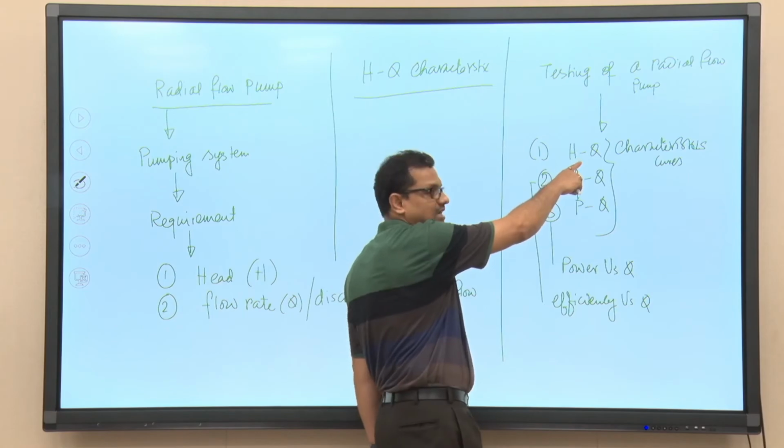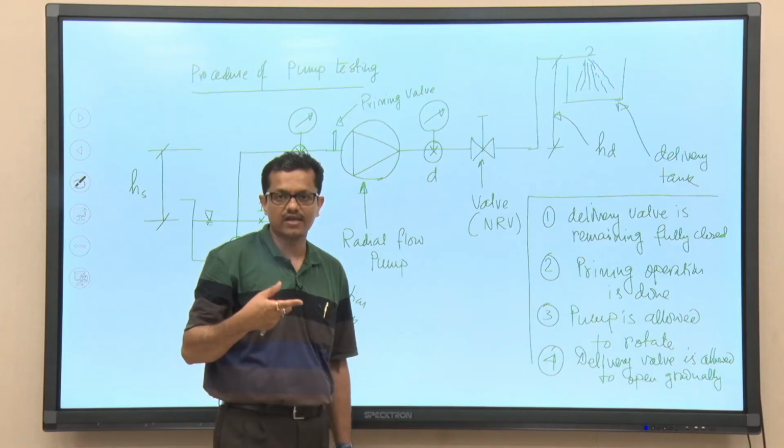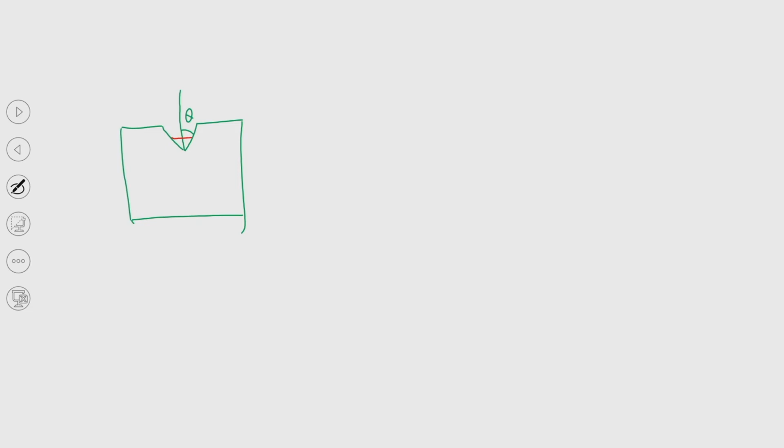For the H-Q curve, I have already explained that if we allow the pump to run at a constant speed, by slowly opening the delivery valve we can measure the discharge, by allowing the discharge liquid to pass through the V-notch weir. So, let me talk now about the V-notch weir. You have studied this V-notch. Say this is the angle theta, and say this is the height, small h.